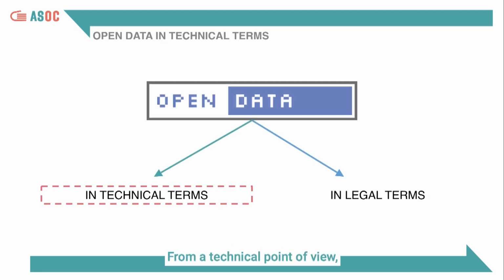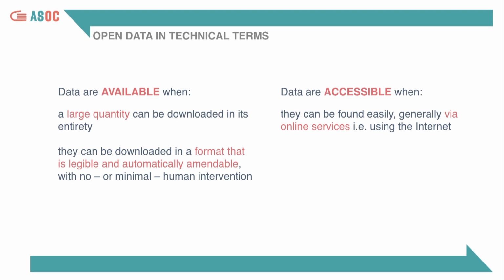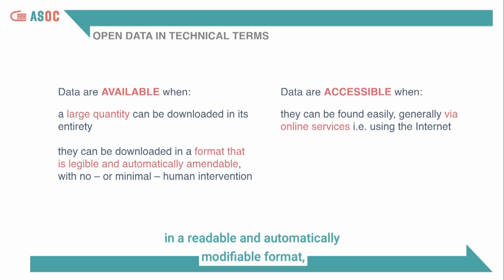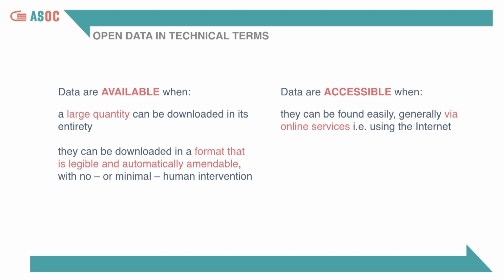From a technical point of view, data is open if it is available and accessible. Available means a large amount of data can be downloaded in its entirety in a readable and automatically modifiable format, minimizing or making human intervention unnecessary. Accessible means easily arriving at data, generally through online services, that is, through the Internet.